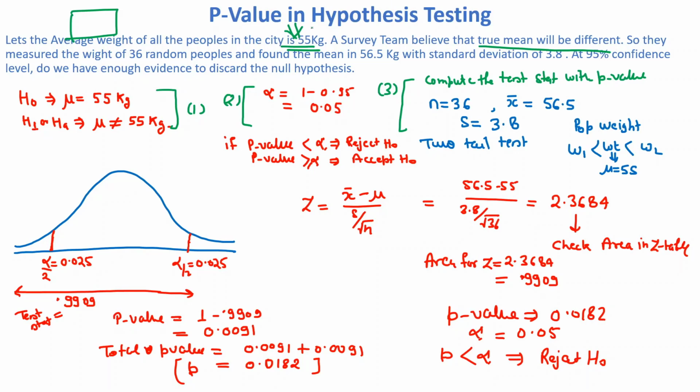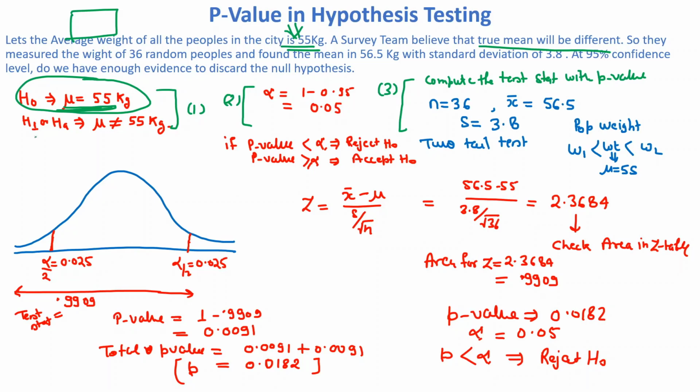So in that case, what would be our null hypothesis? Our null hypothesis is that the population mean is 55 kilograms. The survey team verifies this null hypothesis, and the alternate hypothesis will be not equal to 55 kilograms.